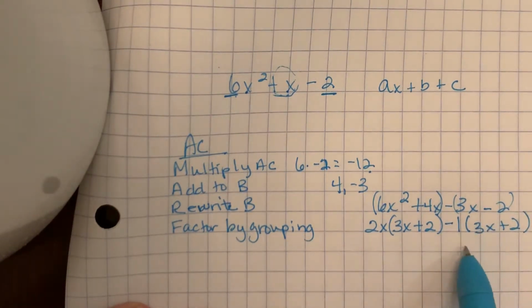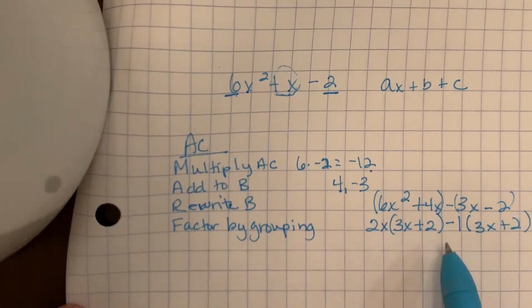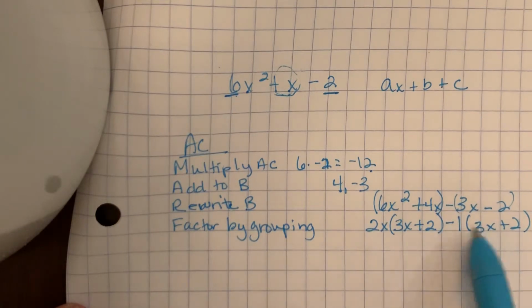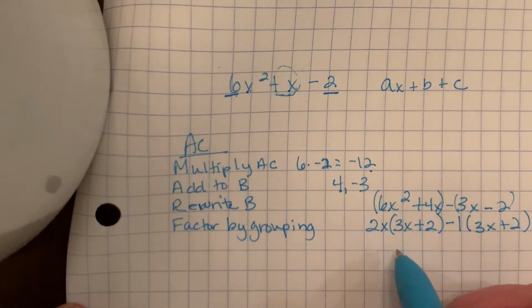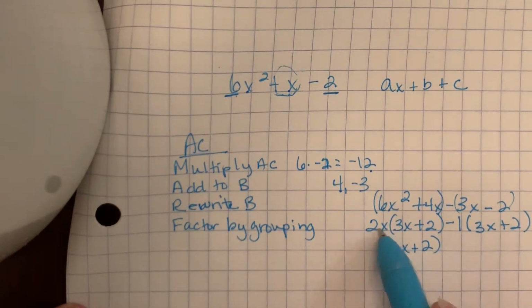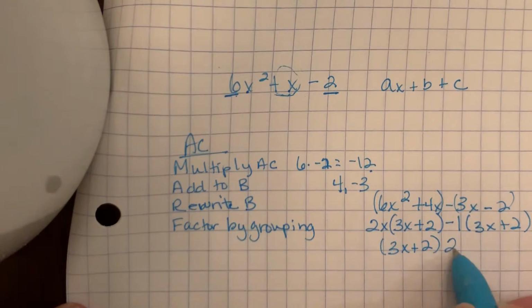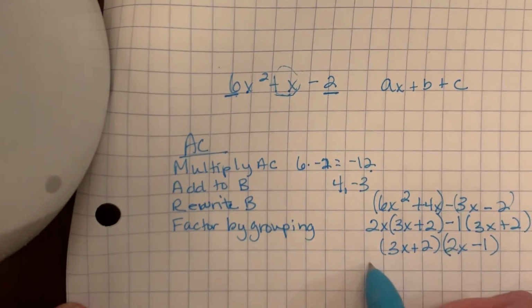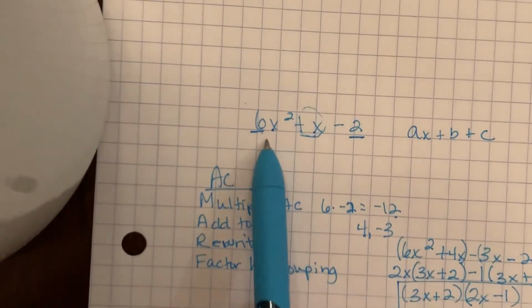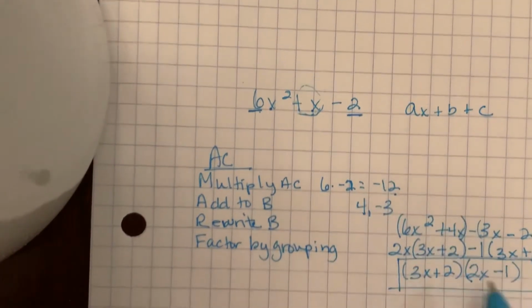Now this should look familiar because when we factor by grouping, we usually get two terms that have a similar component to them. So now we're going to factor out the 3x plus 2 here. And then we're left in the first term with 2x and in the second term with a -1. And there are our factors of 6x squared plus x minus 2.